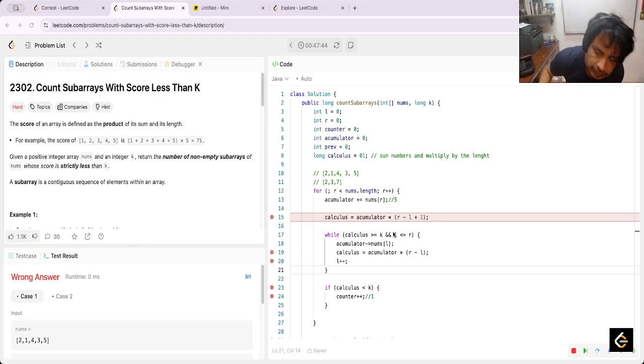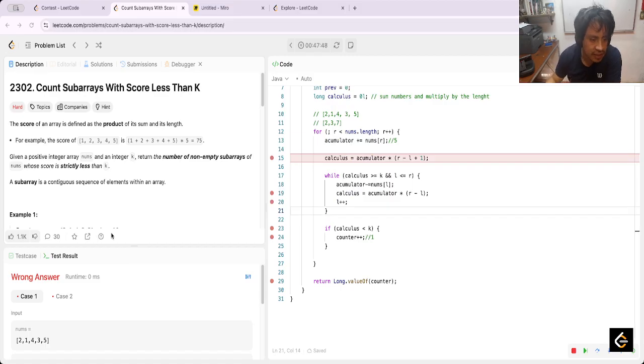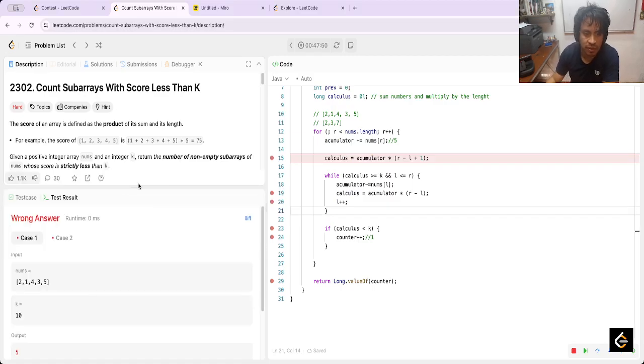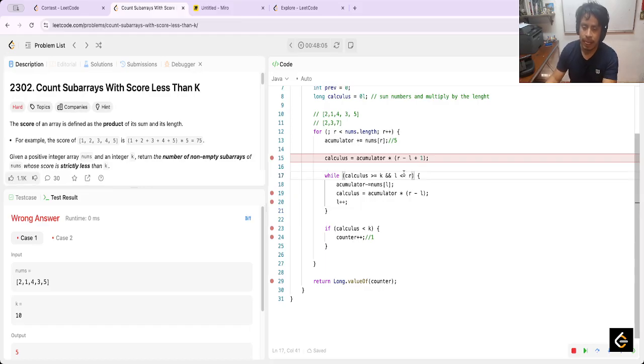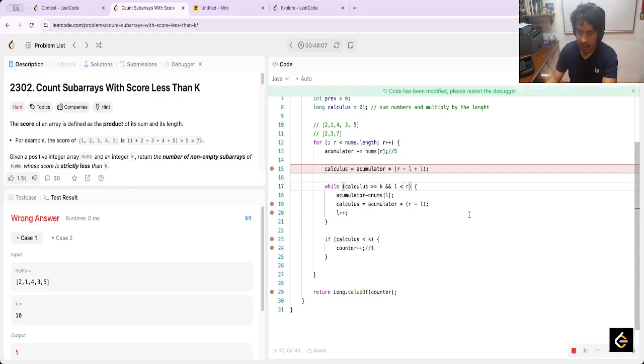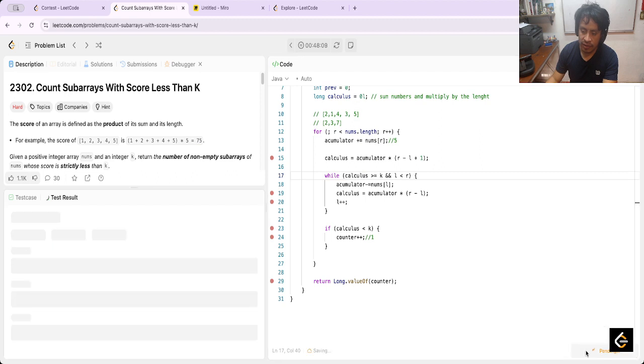Okay, I'm back. What is wrong here? Calculus, accumulator plus equal nums R plus less 1 plus 1. Calculus is greater equal to k, and L is minor equal to R. I'm not sure here.